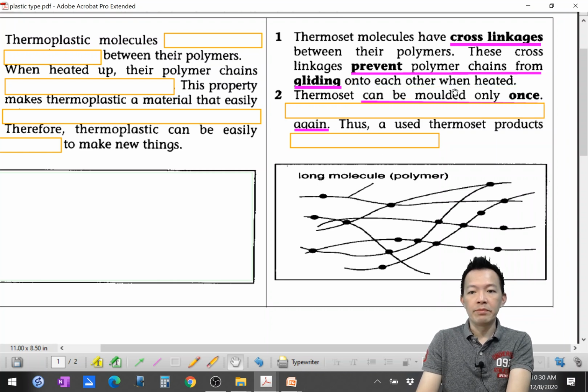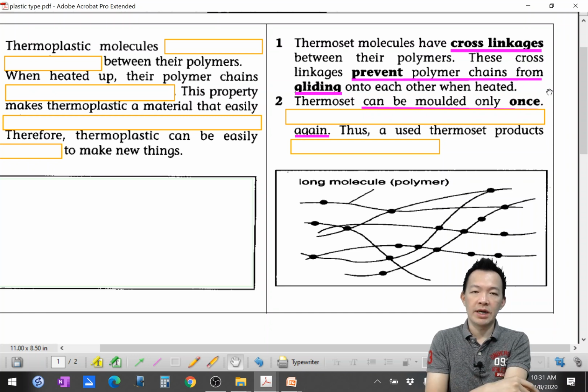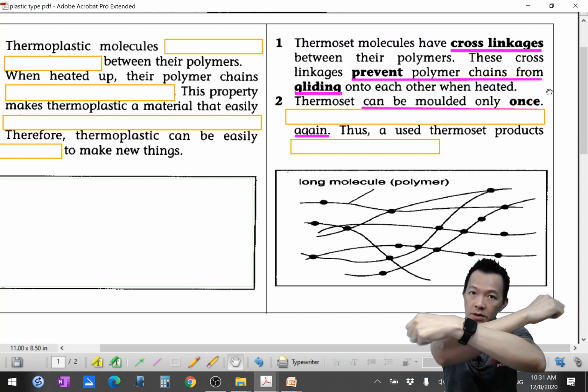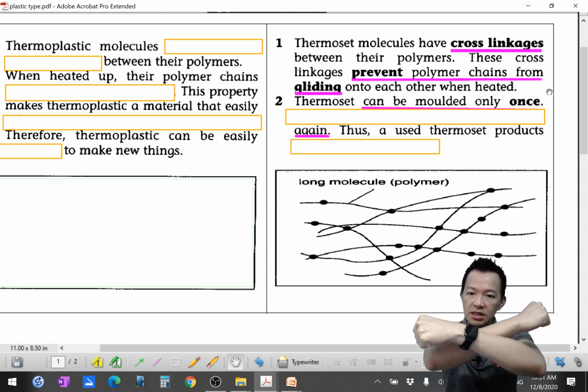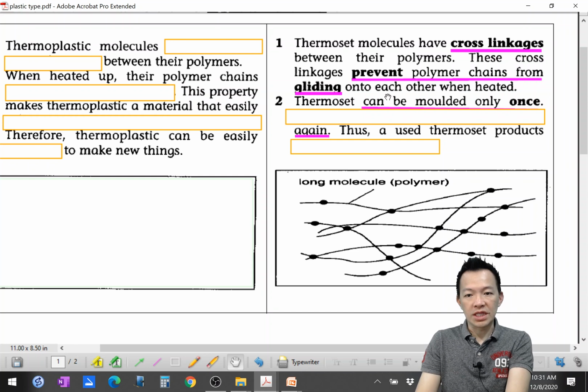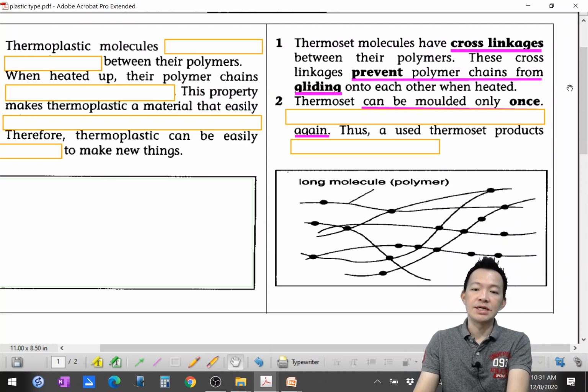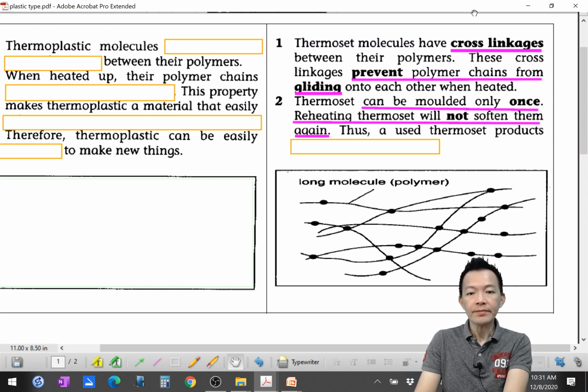So thermoset can be molded only once, 它只可以 mold 一次罢了. Or another meaning, when you heat them, they're not going to melt anymore. 你烧它呢，它不会溶解的，因为它有 cross linkage. 绑着，它不会突然间溶掉。So thermoset plastic can be molded only once. 它只可以做第一次的 mold 罢了。So when you make the plastic, you cannot recycle it. 你不能再 recycle 它了的，它不会溶掉，太耐高温了的。Okay?